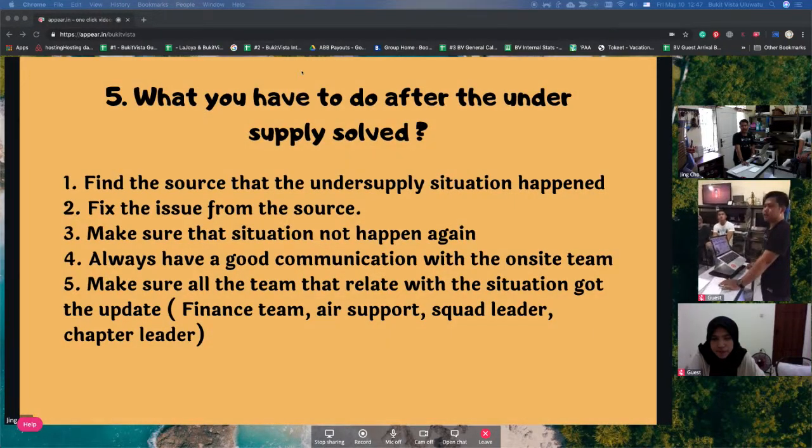And the fifth one, make sure all the teams related to the situation get the update, like finance, support, squad leader or chapter leader, so everyone knows and everyone can improve for the future.